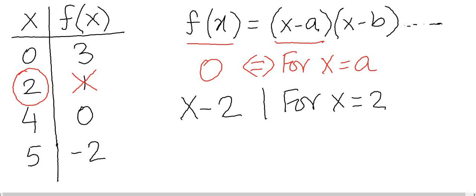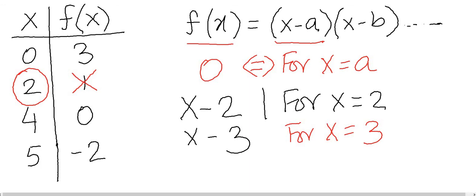Alright, let's look at the next option, x minus 3. That means for x equal to 3, fx should be 0.